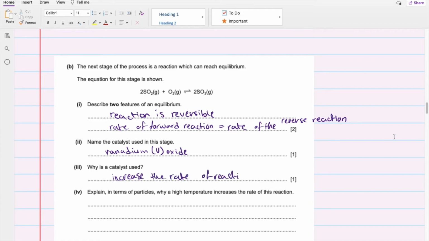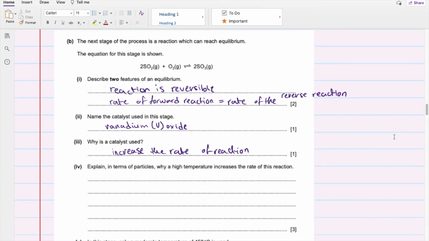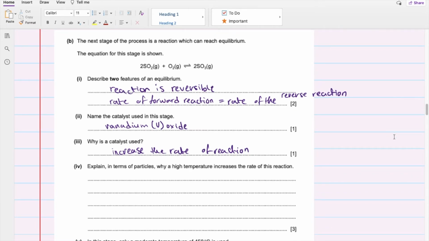Now, explain in terms of particles why high temperature increases the rate of reaction. Okay, so here it is. When you have a high temperature, particles have more energy. They're moving around more, so the chance of them colliding with one another increases. So you can think of a little box and say you have these 4 particles. They don't have a lot of energy.